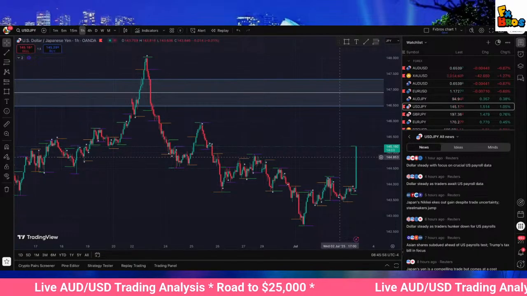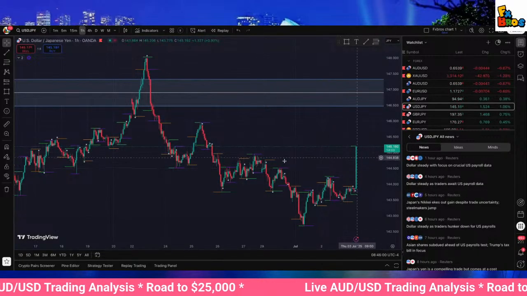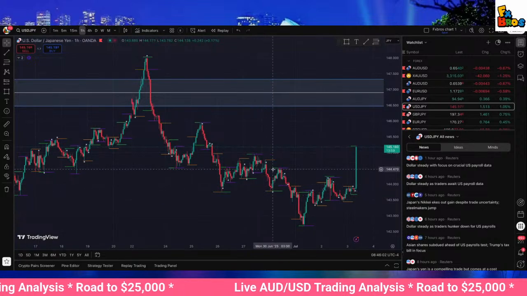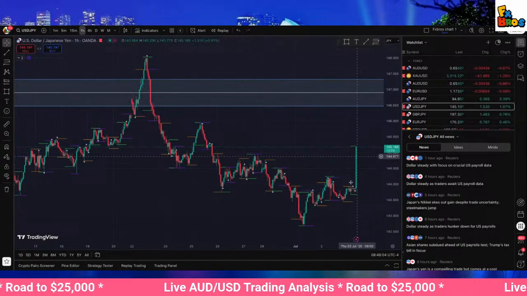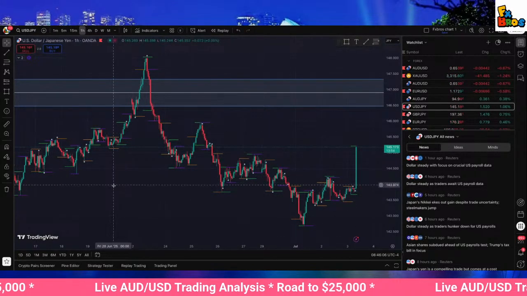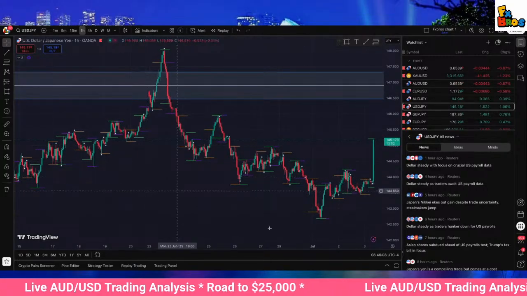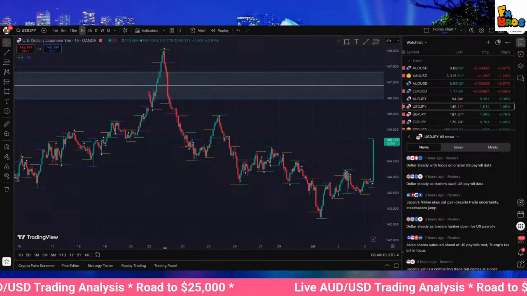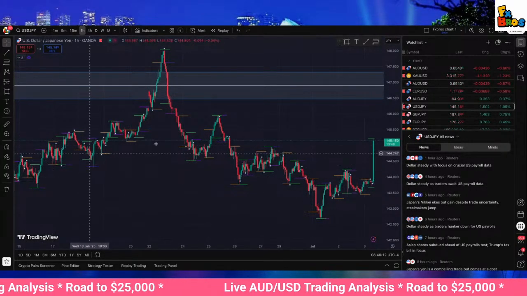That's what we need. We need this volume because it ain't gonna do nothing but retrace. So far, looking at this candle, that's the biggest candle we've seen, and we're looking at a good 2 or 3 weeks of data right here.